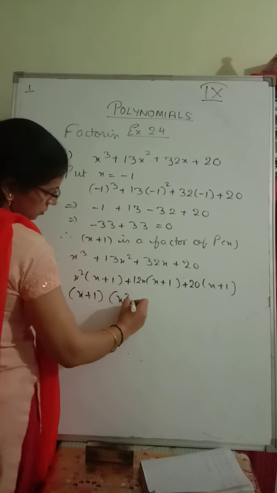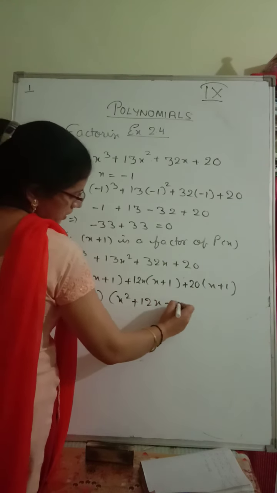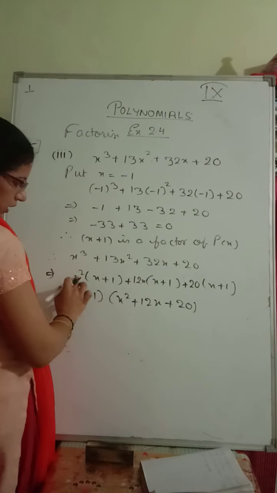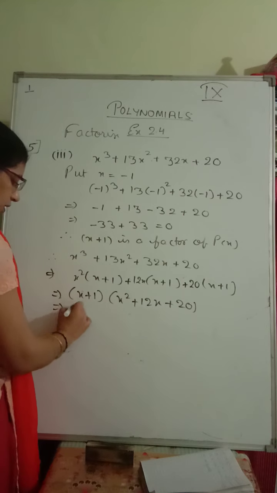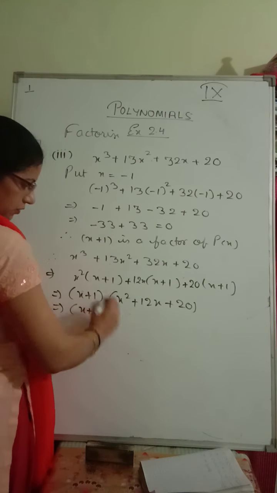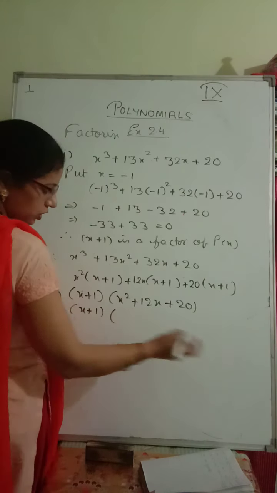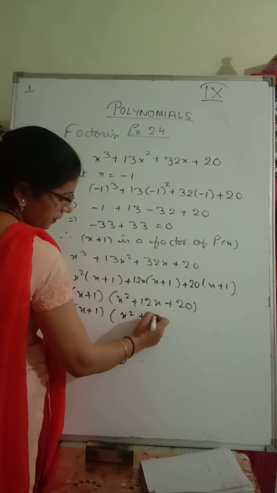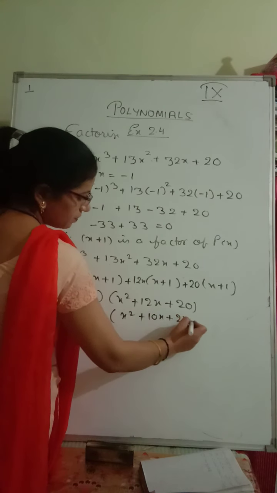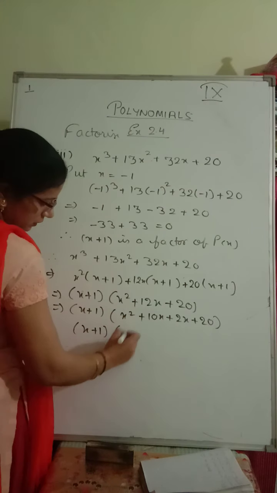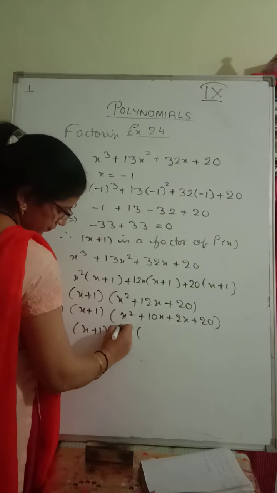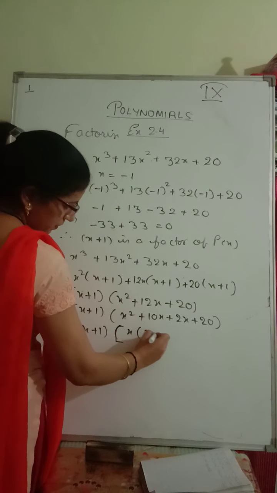What will we get? x square plus 12x plus 20. From here x square, from here 12x, from here 20. So what will we get here from here: x plus 1 and a quadratic equation. Factorize 20: 10 times 2 is 20. x square plus 10x plus 2x plus 20. So from these two x is common, so x plus 10.